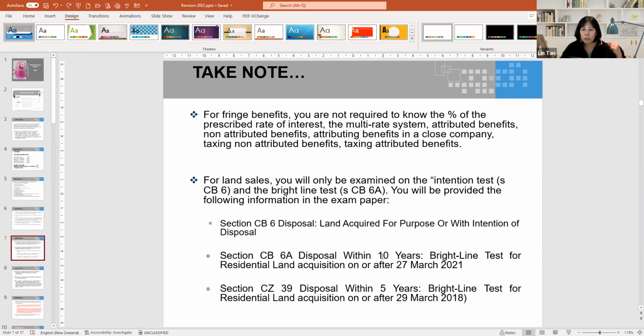If that's the case, use the 10-year rule. If it was bought on or after 29 March 2018, use the 5-year rule. All right, and I think I've given you all the solution to last year's exam. And there's one question that touches on this, and that's a good example for you to try out yourself first before you look at the solutions.